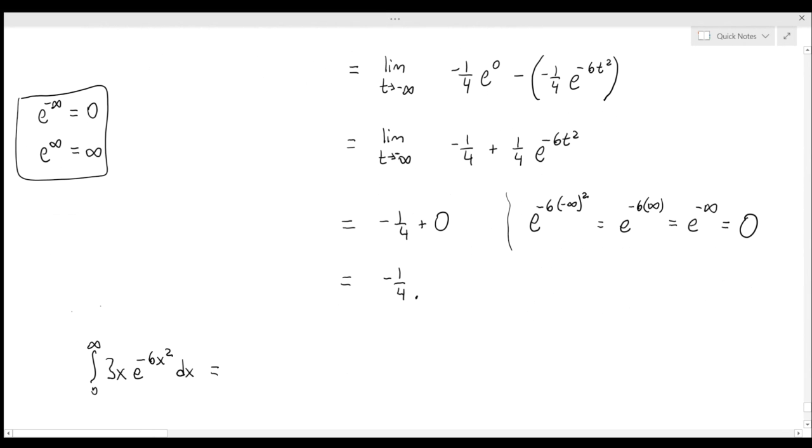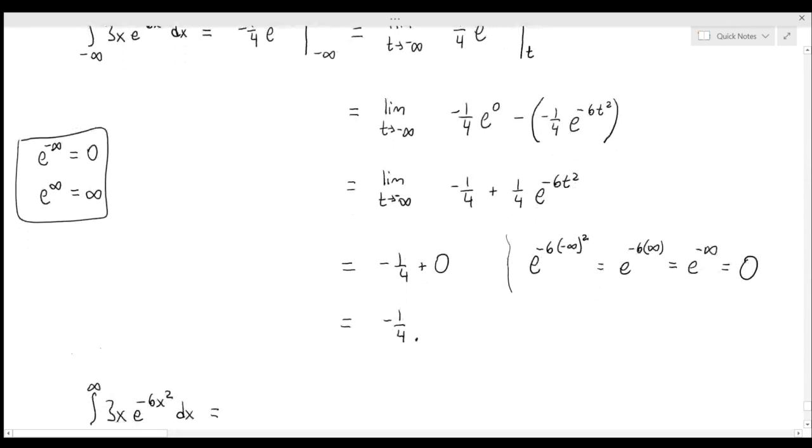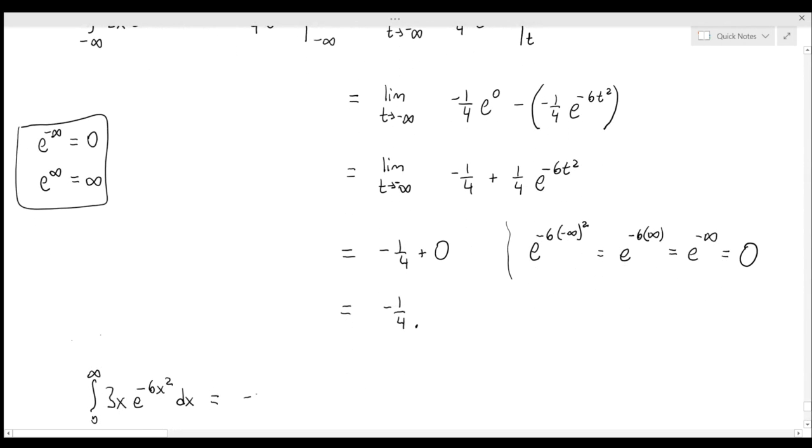Okay. So from earlier, when we evaluated the indefinite integral, it was negative 1/4 e to the negative 6x squared. But this time we're going to plug in 0 and infinity.